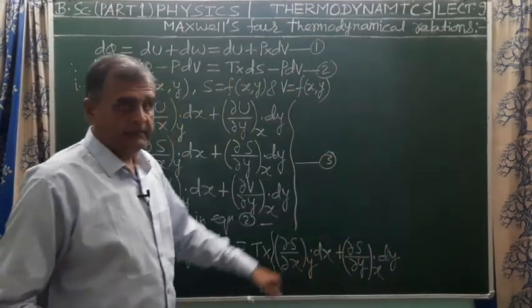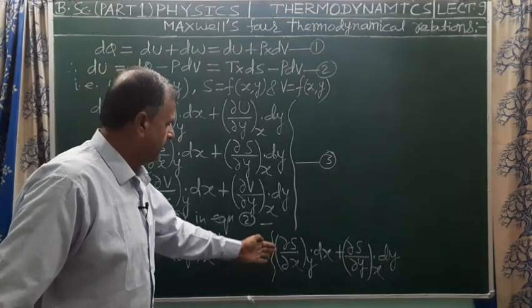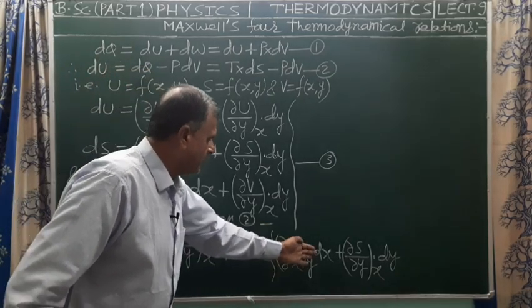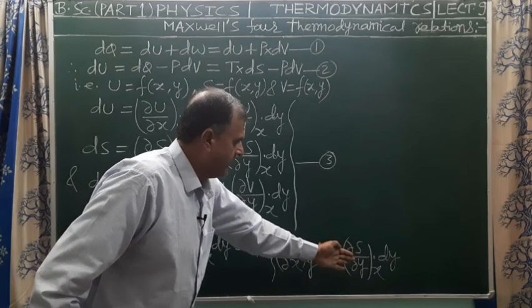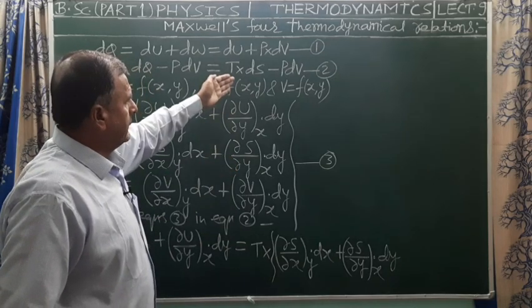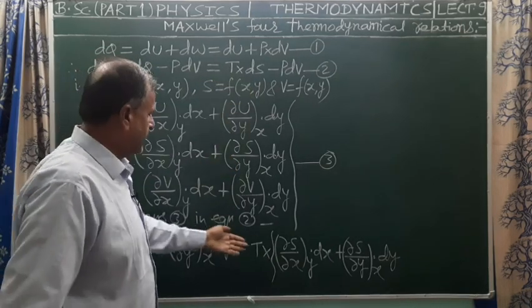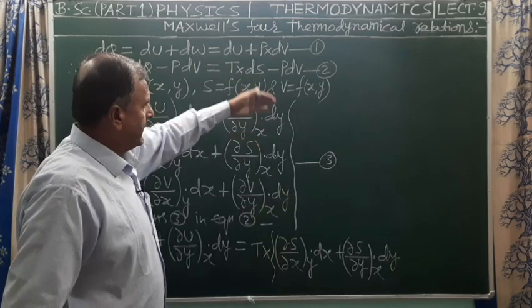So it is TdS. In place of ds we have written del s upon del x at constant y into dx plus del s upon del y at constant x into dy, in the first term of the RHS, that is in place of ds in equation 2.